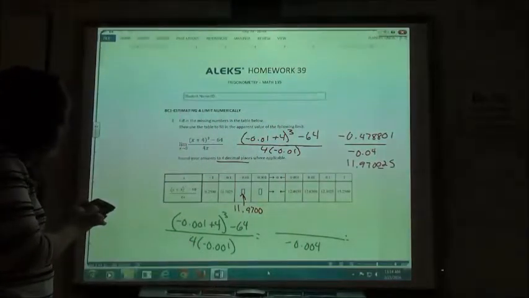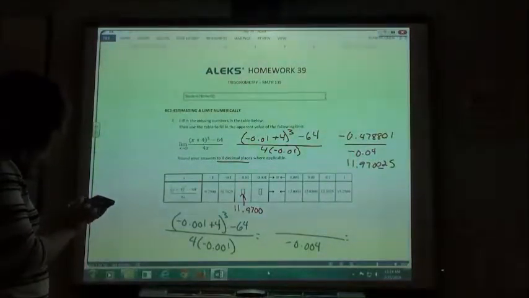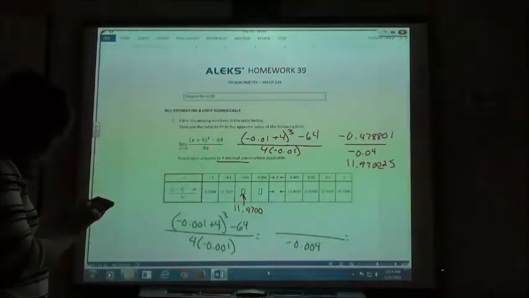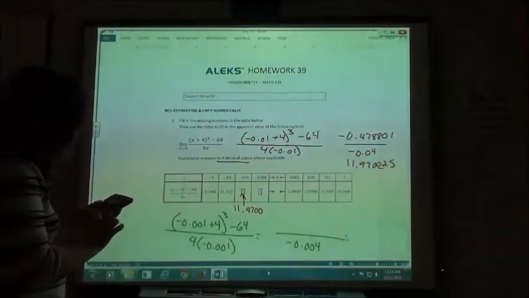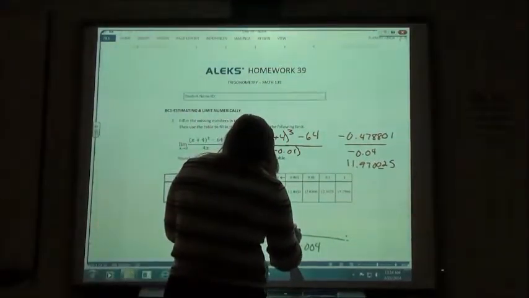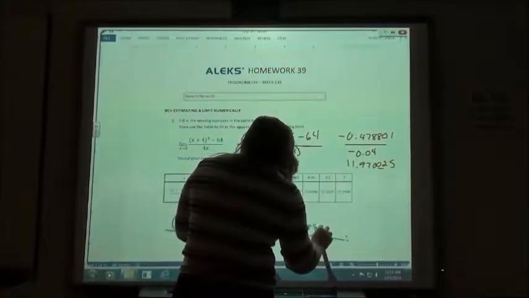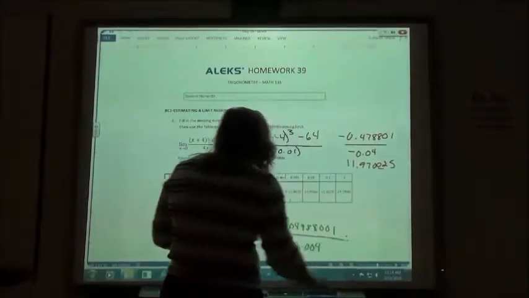So, top number again, parentheses, negative 0.001 plus 4, close my parentheses, cubed, minus 64 equals, I left a 0 out when I wrote it down, negative 0.04988001.